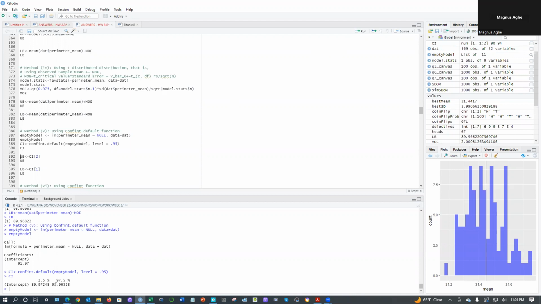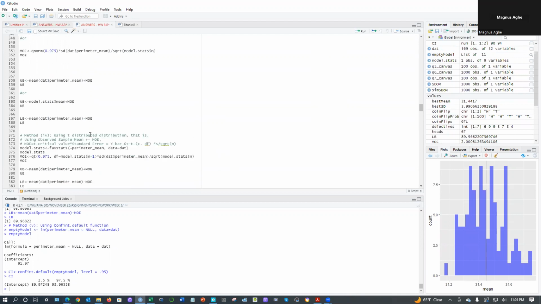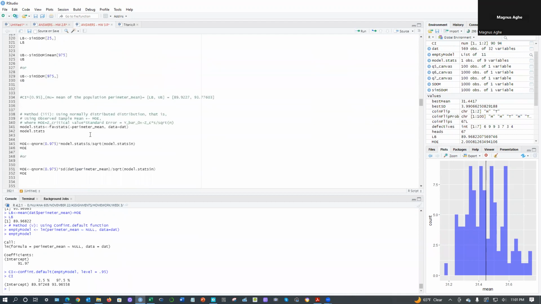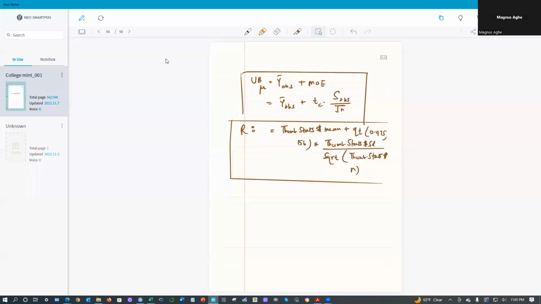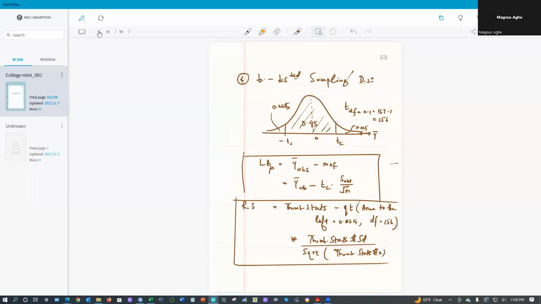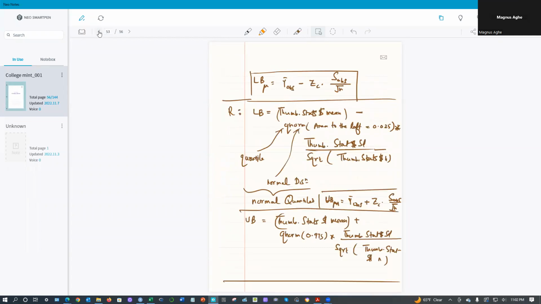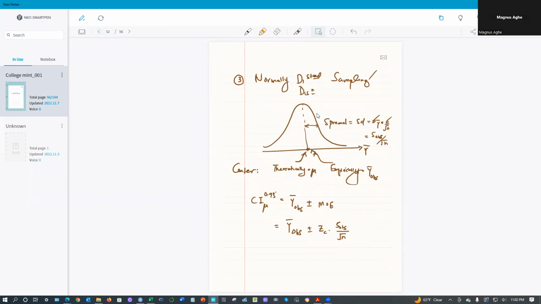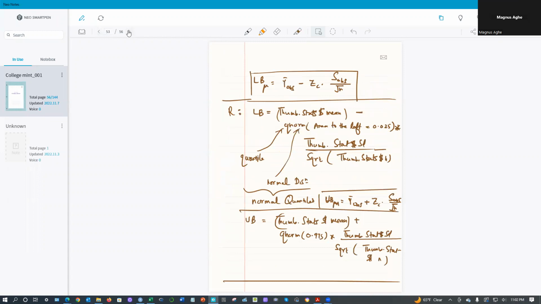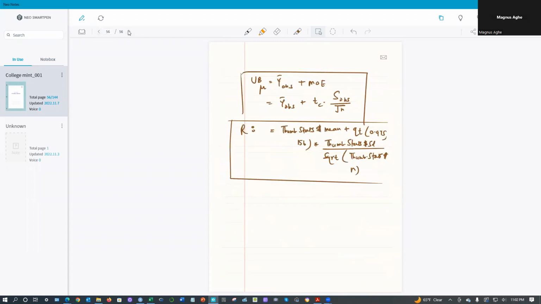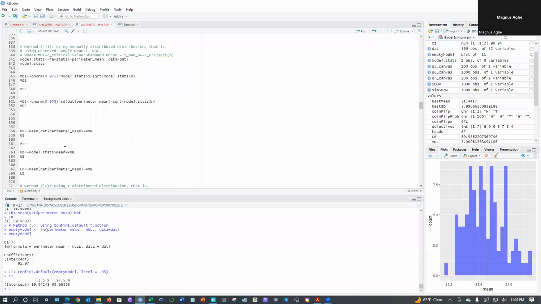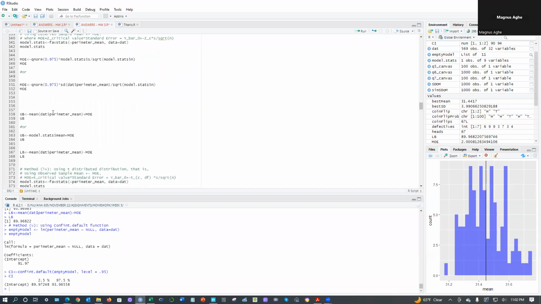But if you use the confint model, by default what are you using? Same as method 3. Method 3 is nothing but the normally distributed method. This method is tackled by the fifth method, confint on your model.